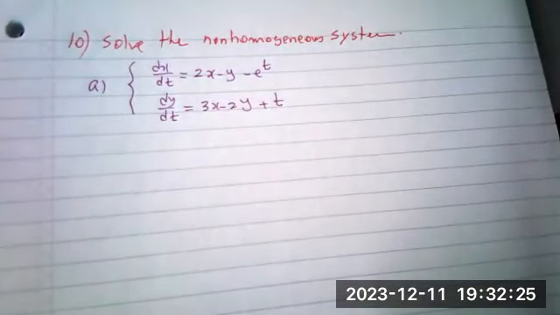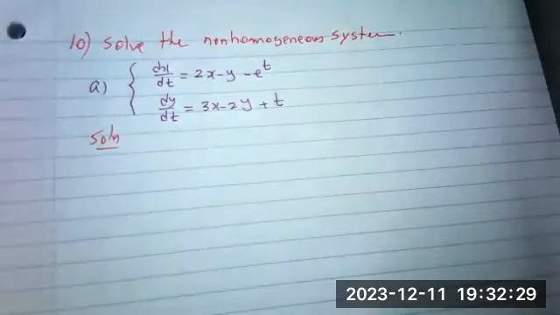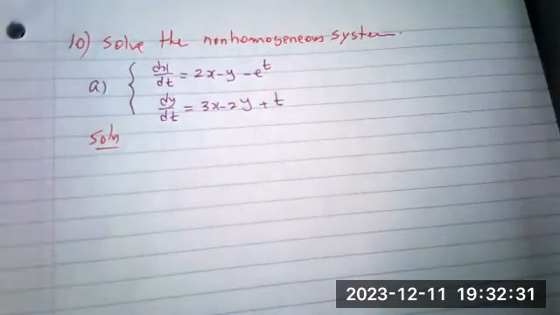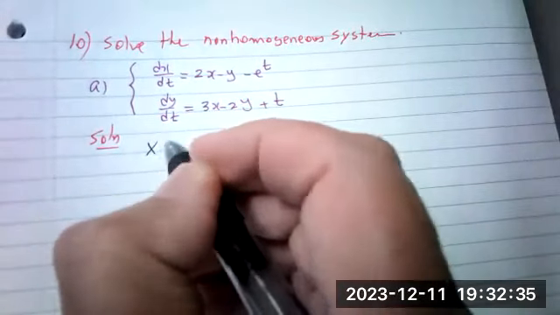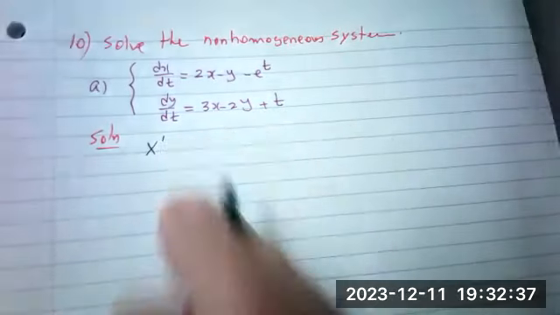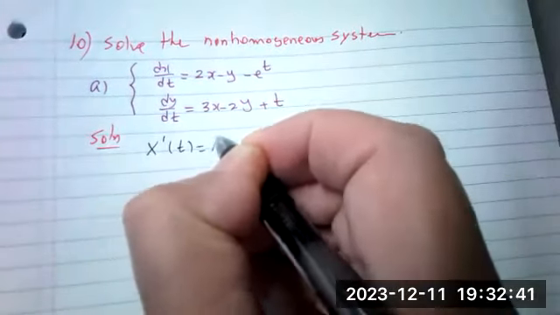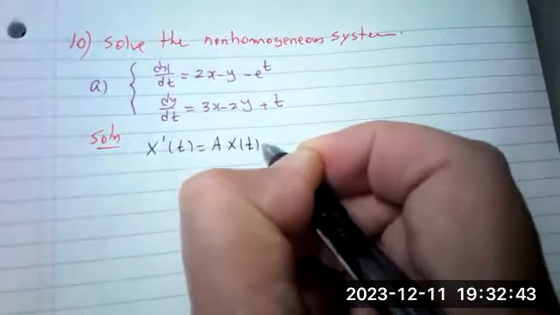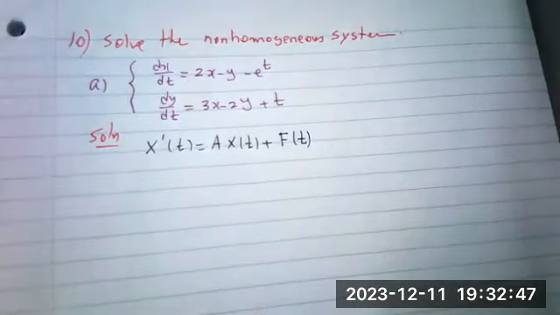Okay, we can change this to the matrix form again. If you change it to the matrix form, you are going to have x prime of t equal to A times x of t, plus the one that we call f of t.